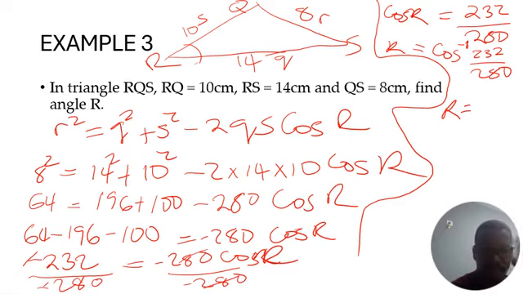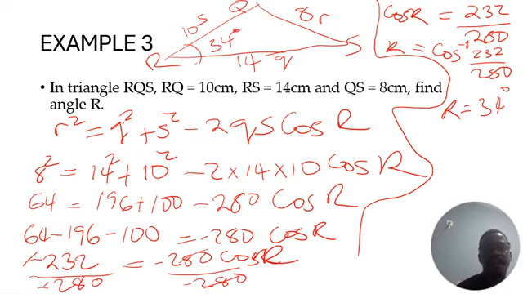That will give you 0.828571. Then you do cos inverse of that: shift, cos, then answer. You have the angle r as 34 degrees. So this one is 34 degrees.